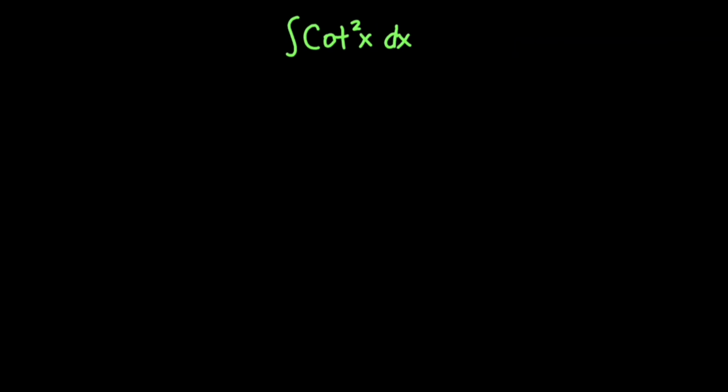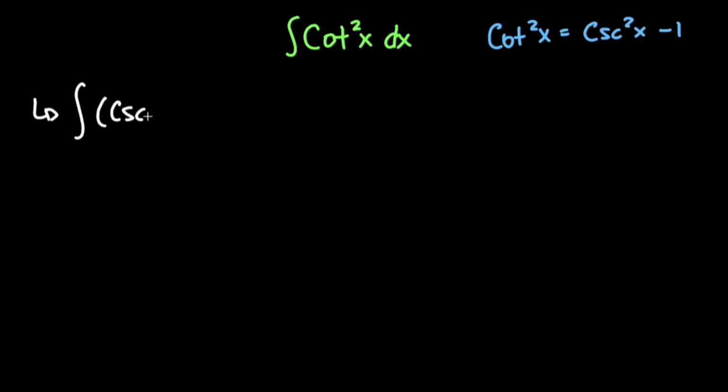Let us move on with the integral of cotangent squared x. Keep in mind that cotangent squared of x is equal to cosecant squared of x minus 1. So this should be the integral of cosecant squared x minus 1 dx, and we can split the integral apart.